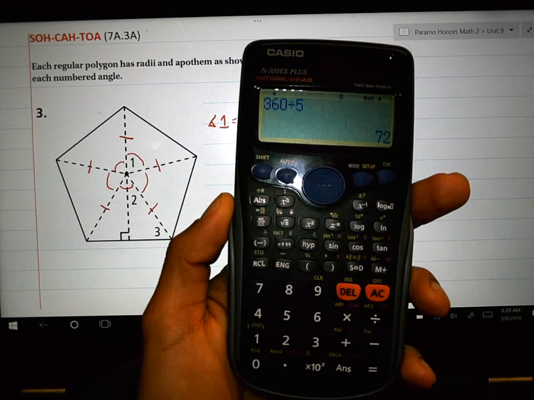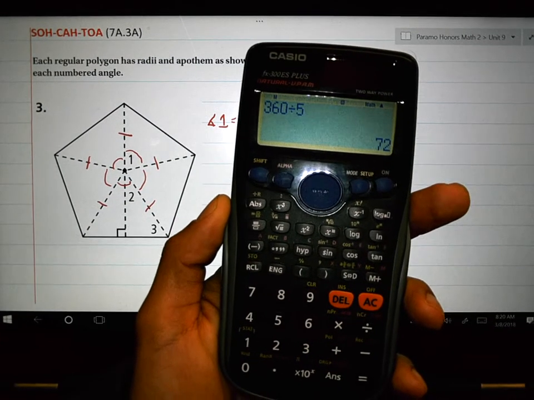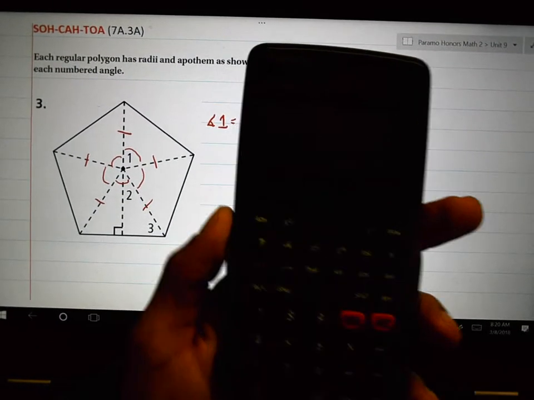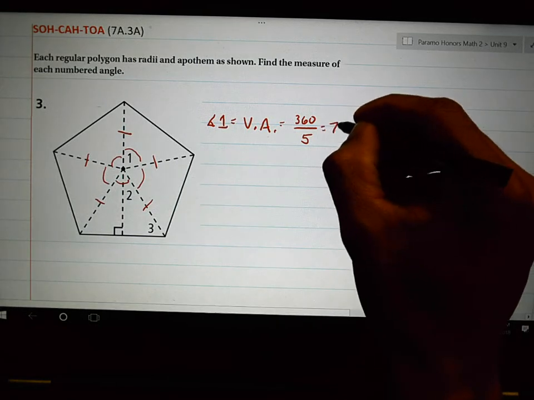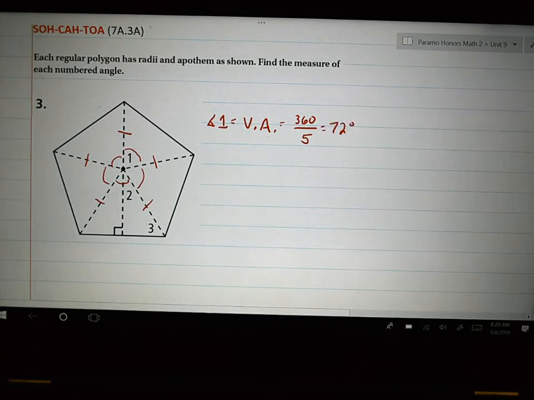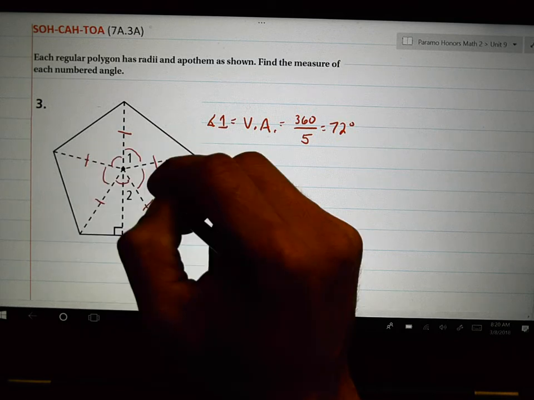You could do it by hand, but sometimes just using the calculator makes things a little bit easier. If I divide it equally, I get that this angle is 72 degrees. That's my answer for angle 1. This is 72, this is 72, this is 72, this is 72.